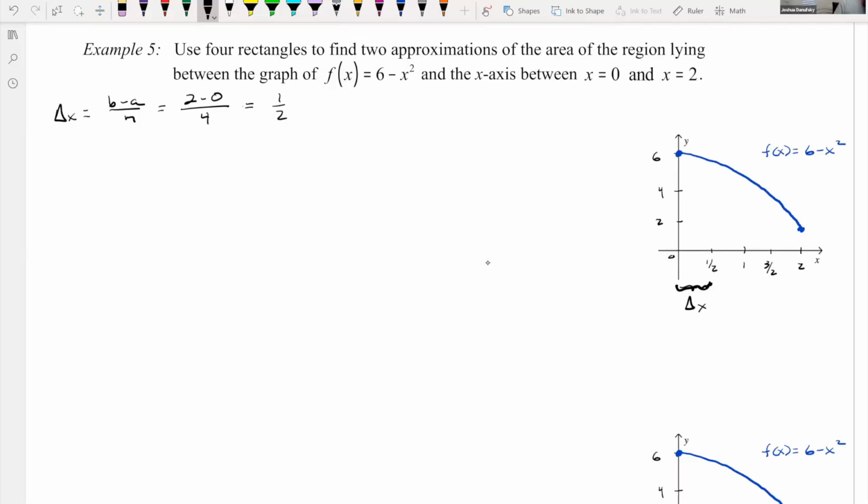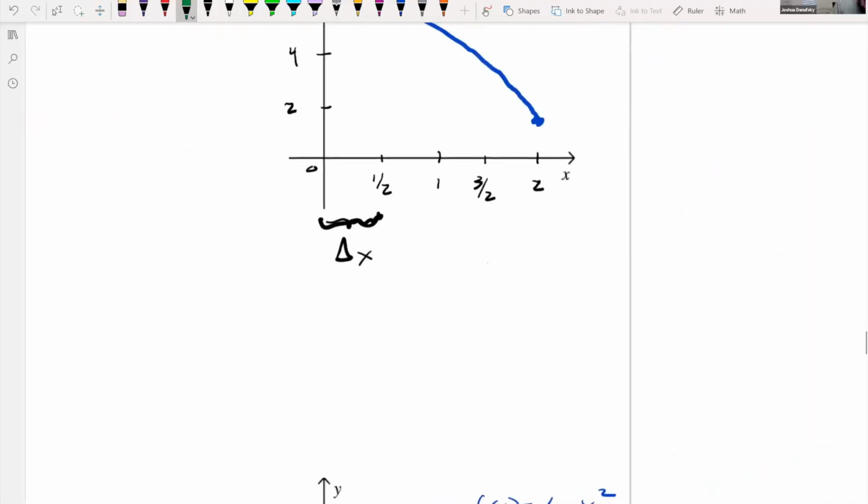And we're going to start off doing right endpoints. So we have x's doing what? Well, let's take a look.